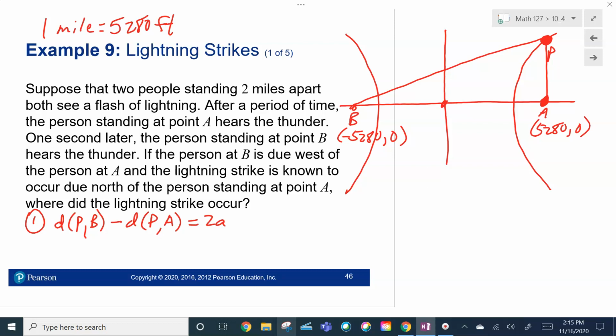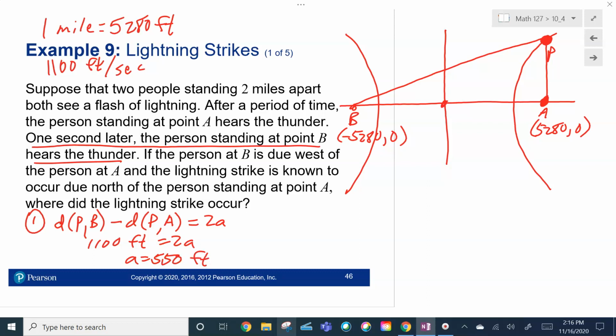Well, the difference is, it was 1 second later that the person at B hears the thunder. Now, what you need to know is that sound travels 1,100 feet per second. So that's the difference, 1,100 feet, because they hear it 1 second later. If I divide by 2, that's going to give us our a, 550 feet.